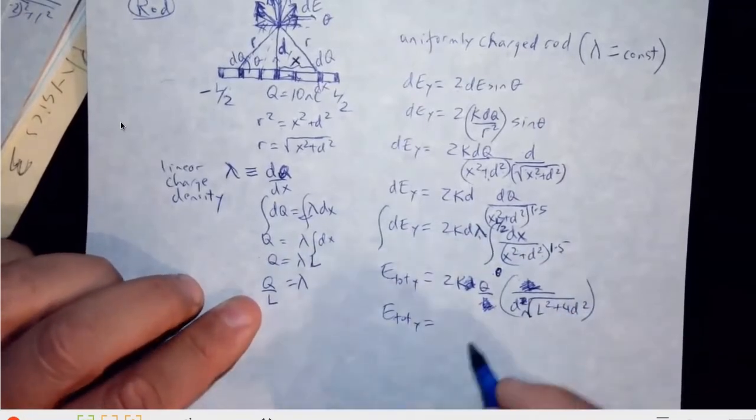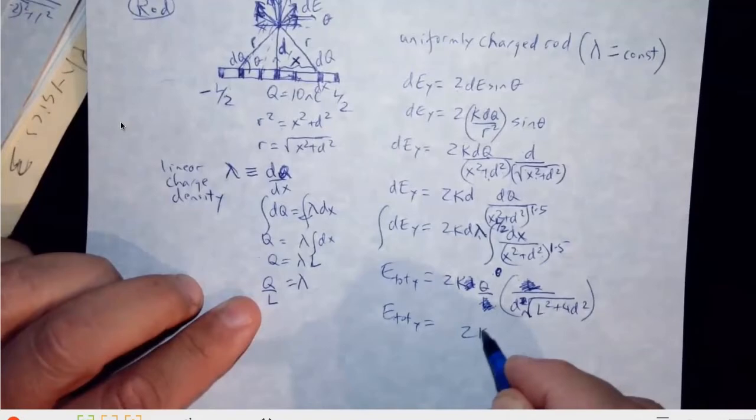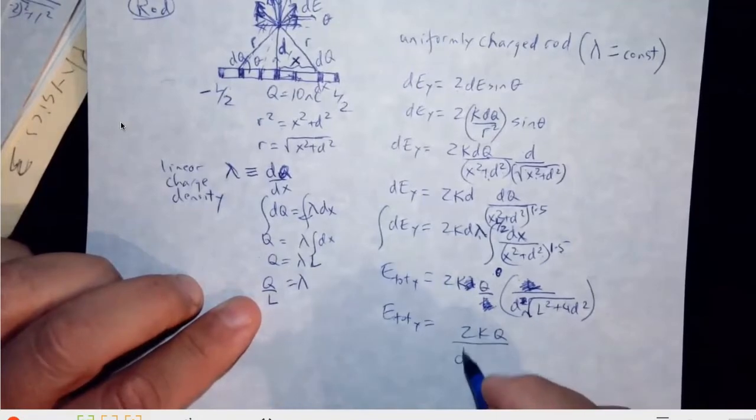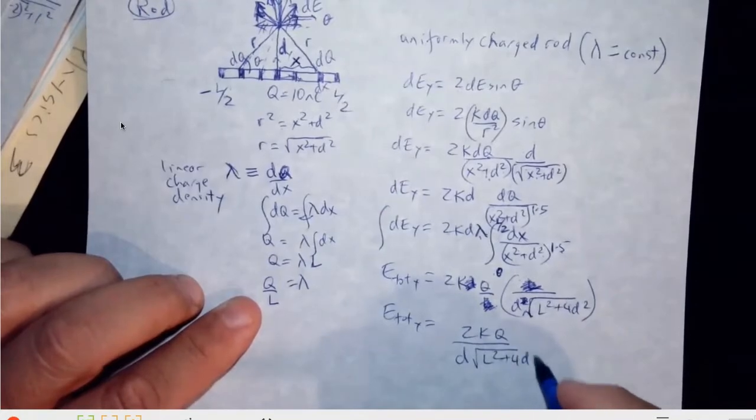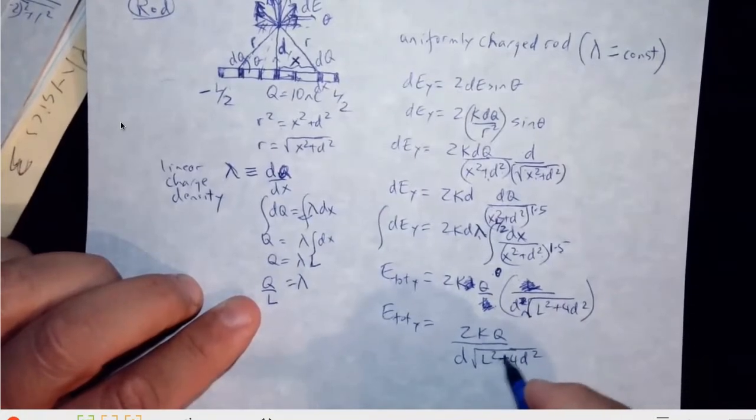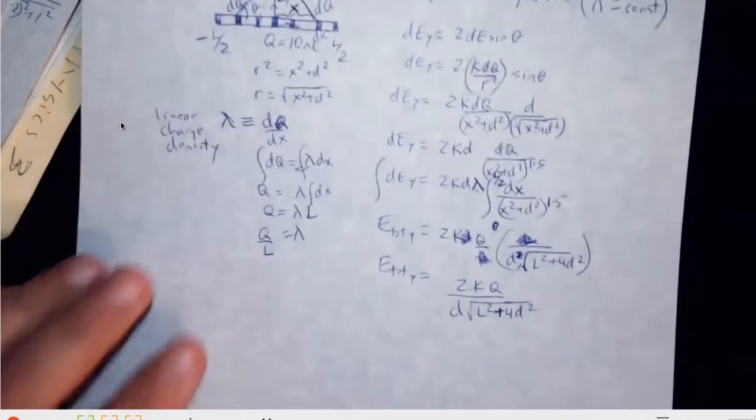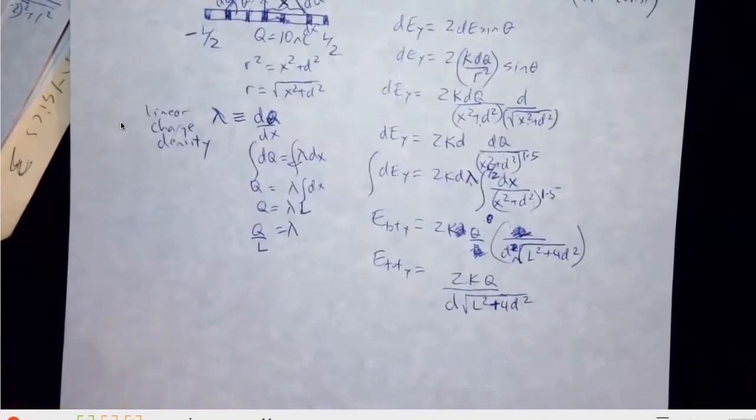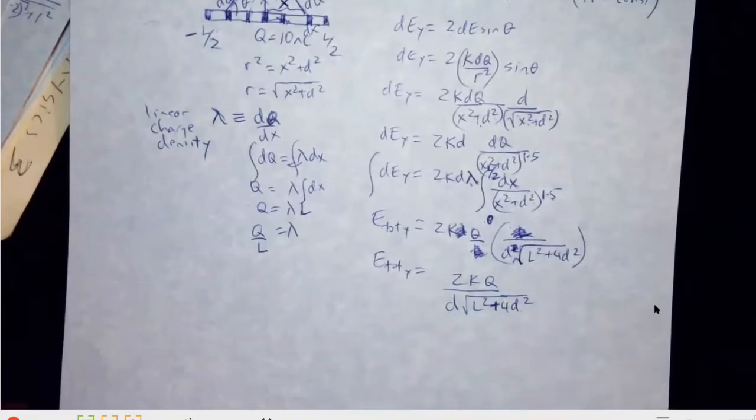The final answer is 2kQ over d times the square root of L squared plus 4d squared. So that's the general equation for the electric field of a uniformly charged rod along the middle axis, at any distance d away from the rod.